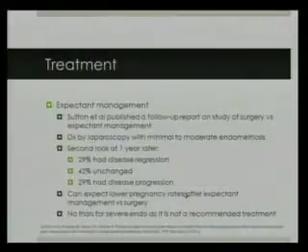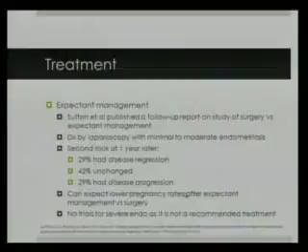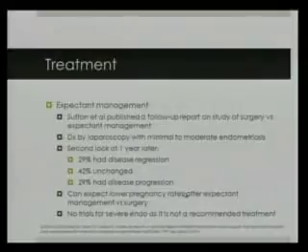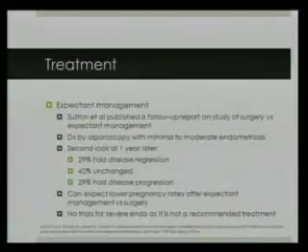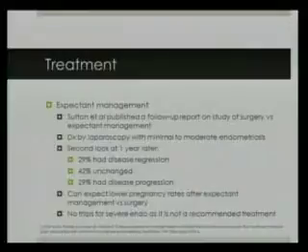And they had 63 people in this study and similar staging. At 6 months, 62.5% of people reported symptom improvement with the laser, and 22% reported improvement in the expectant group. And 24 patients had a second look, and 25% had disease regression, and 29% had disease progression.